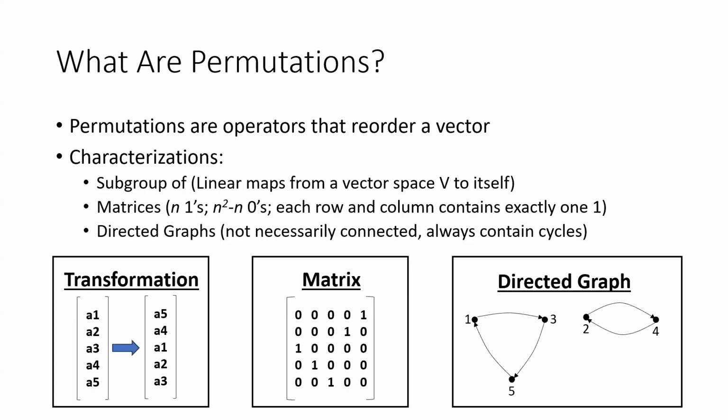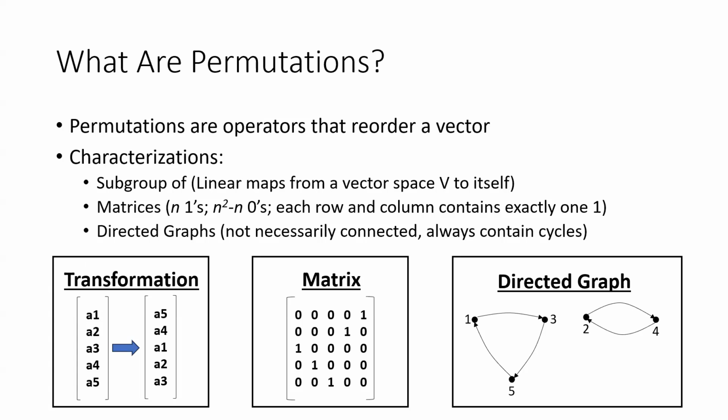So permutations are quite simply operators that reorder a vector. They can be finite or infinite, of course, for the vectors that they're reordering. For our purposes, we'll always be thinking about finite dimensional vectors. And there are at least three ways to think about what a permutation is.